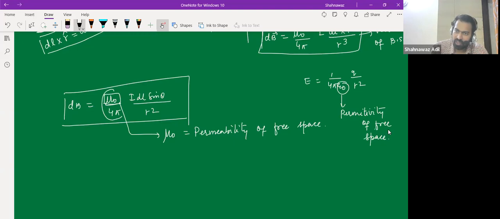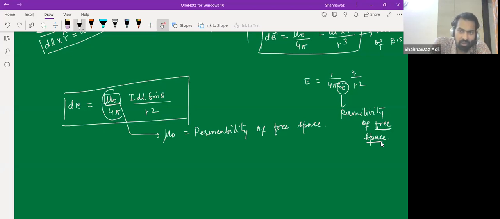Right. So free space meaning what? What do I mean by free space? Yes, Aisha and Mari. So free space can be air or vacuum, right? Is that clear? Yes, sir.